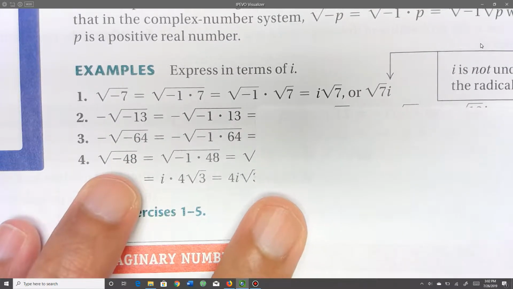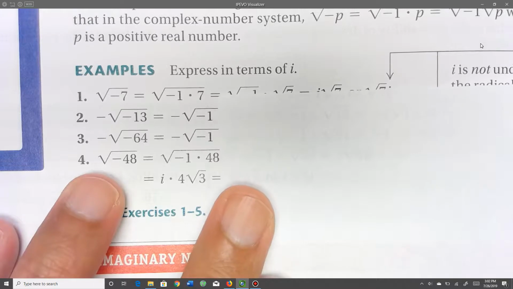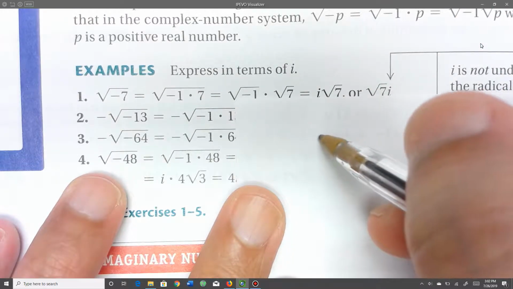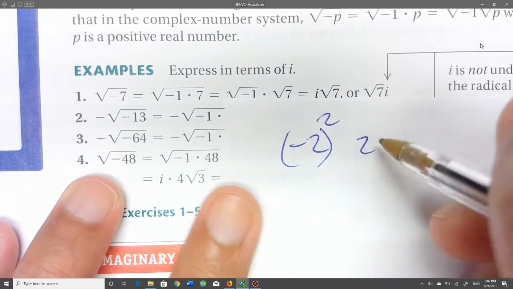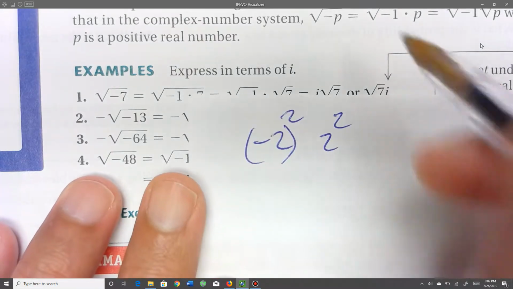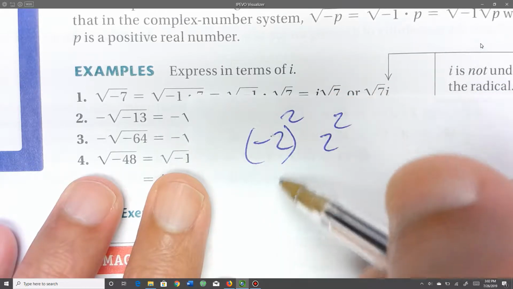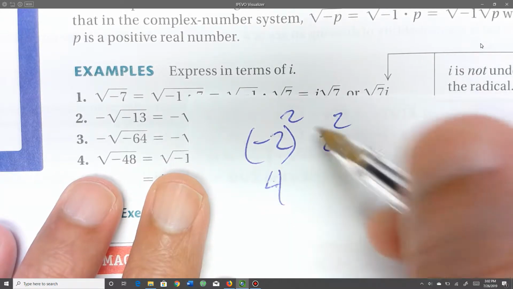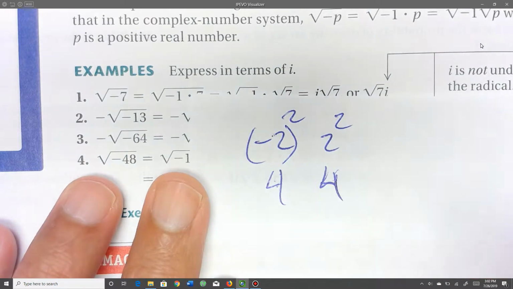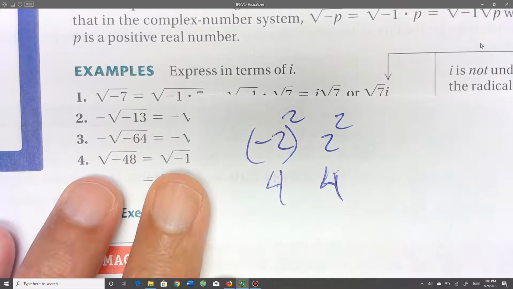I explained this before: any value squared, even if it is negative, is going to give you a positive answer. So you cannot get a negative square root value.